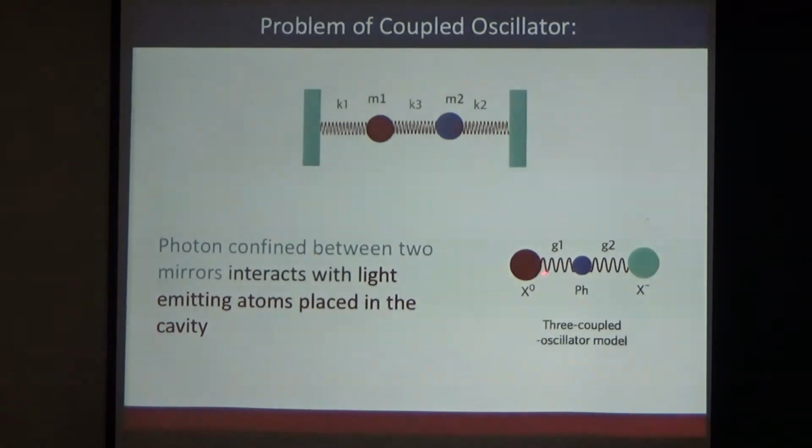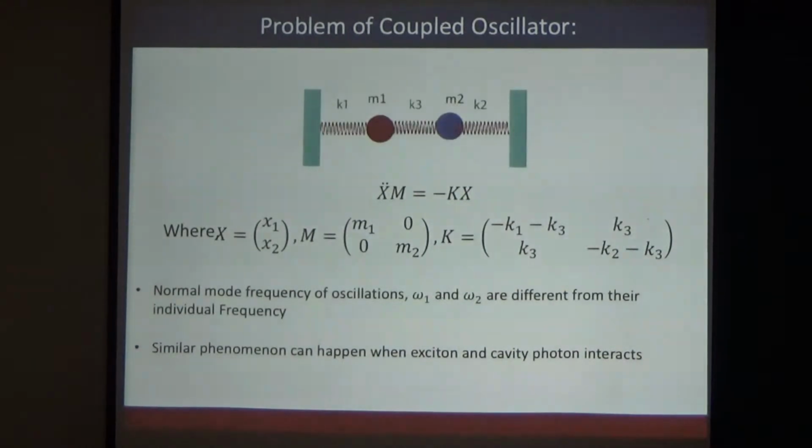So now we have a three coupled oscillator problem. A coupled oscillator problem we solve in classical mechanics by writing a matrix and diagonalizing it, and you get the normal modes for this coupled oscillator problem.